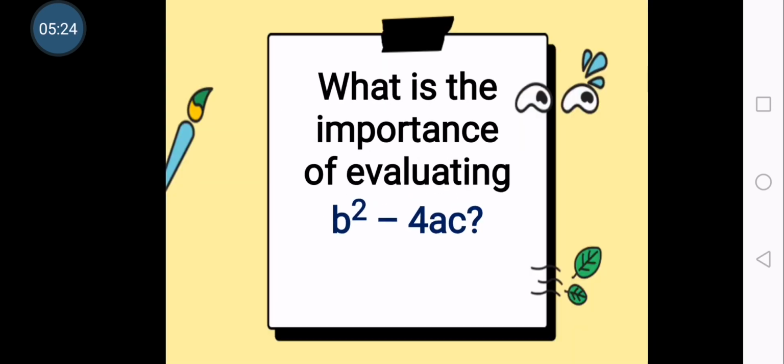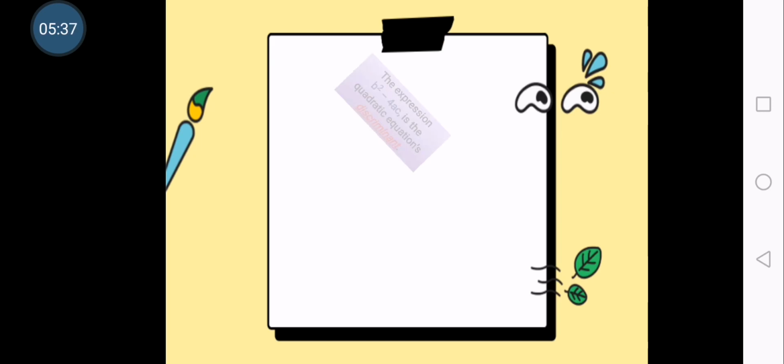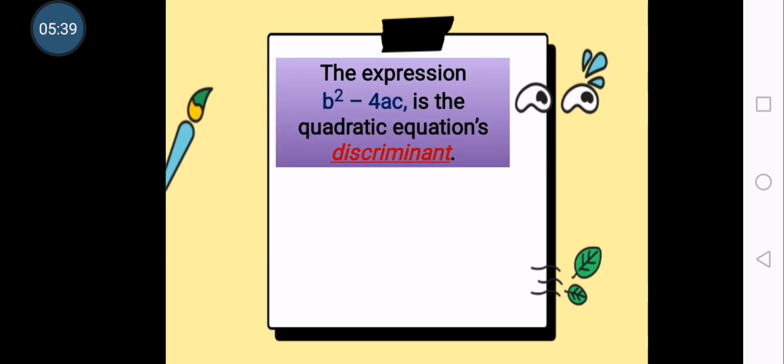Okay. So, sa palagay nyo, ano ba ang importance ng paggamit ng b square minus 4ac? So, malalaman nyo po yan mamaya. Ang expression na kung saan b square minus 4ac, yan po ang tinatawag na quadratic equations discriminant.